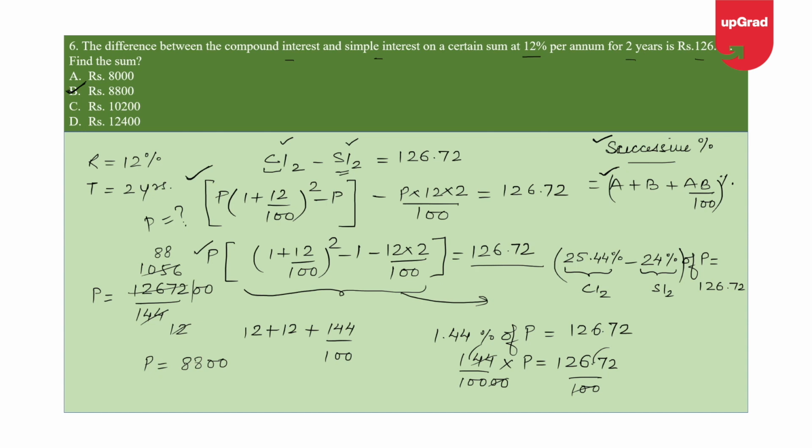Then we also spoke about successive percentage, the rule of 72, 114 and 144, and some questions around them. In a few more coming videos, we'll take some more examples from simple interest and compound interest.